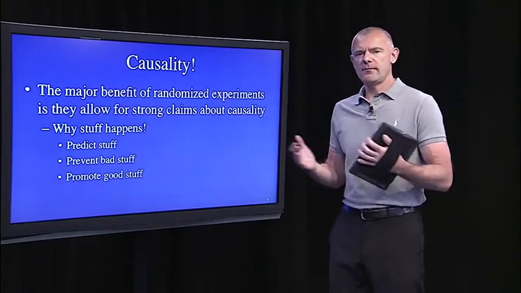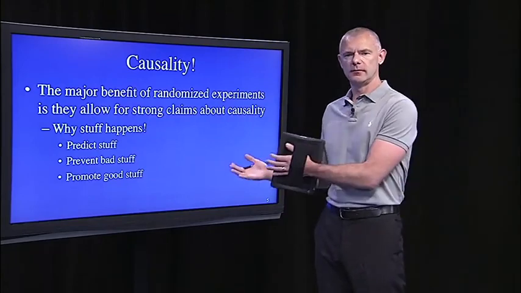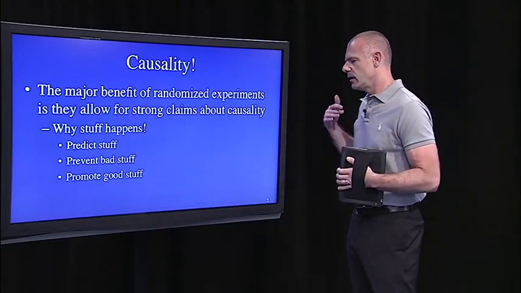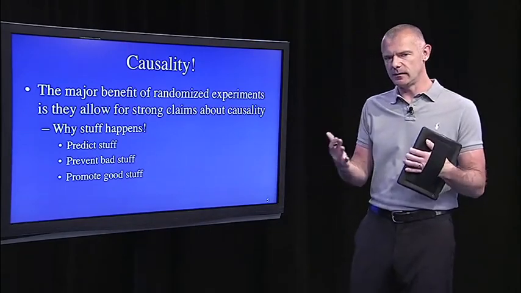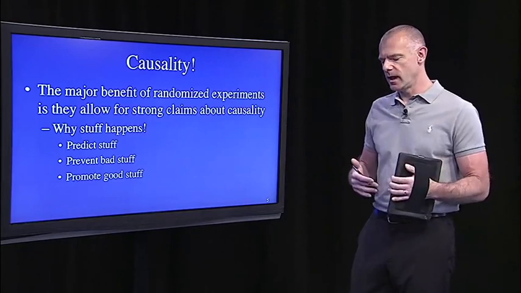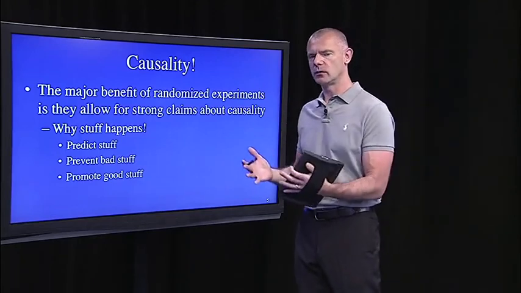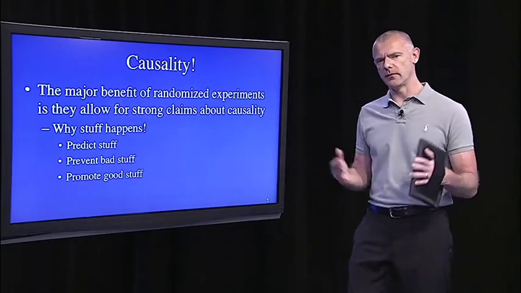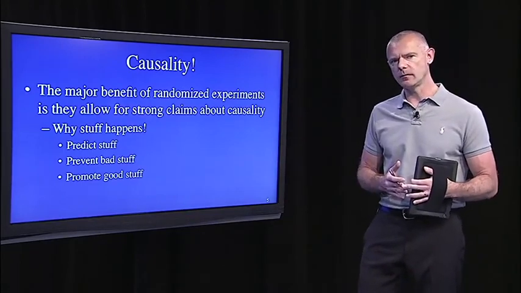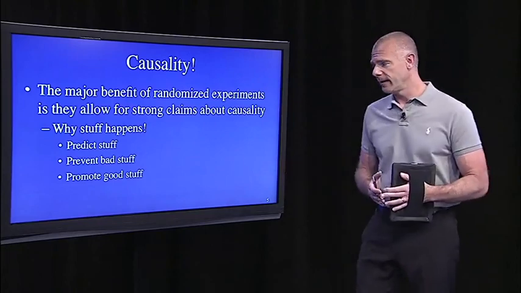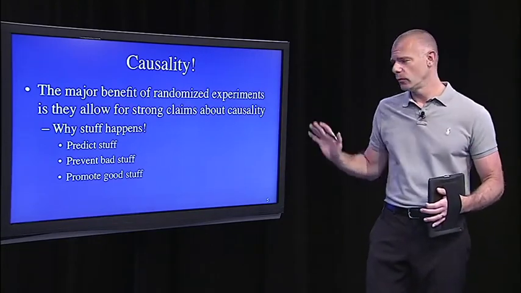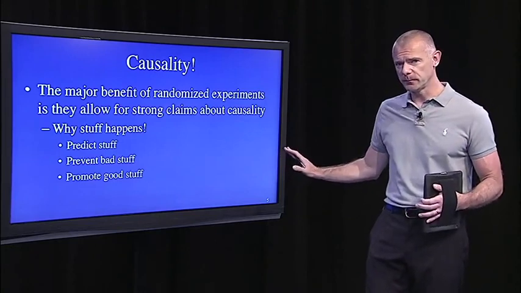In life, lots of good stuff happens, lots of bad stuff happens. If we can understand systematic patterns and we can conduct randomized controlled experiments, then we can start to understand why stuff happens. And if we can do that, then we can predict stuff. And if we can predict stuff, then we can prevent the bad stuff. We can promote the good stuff.